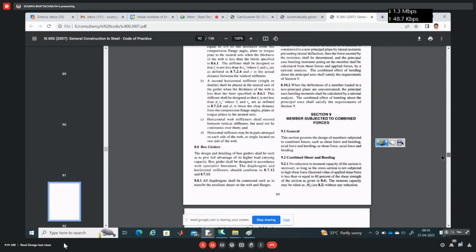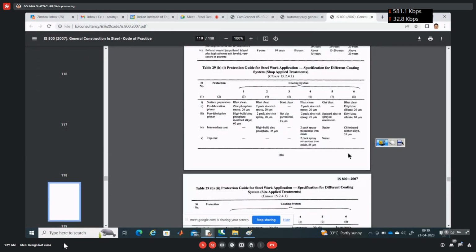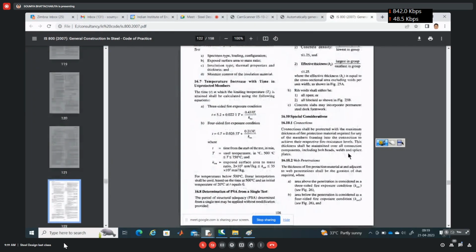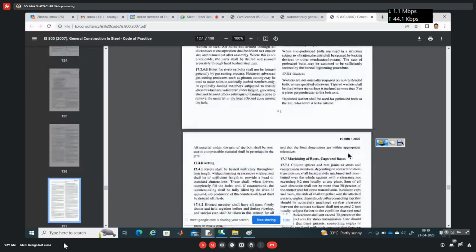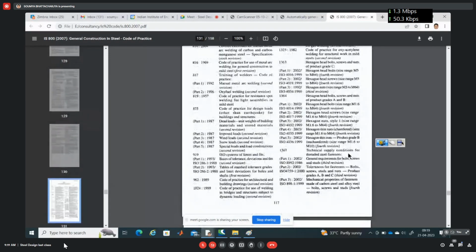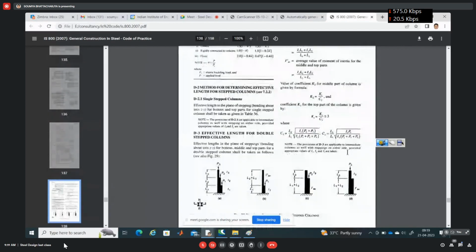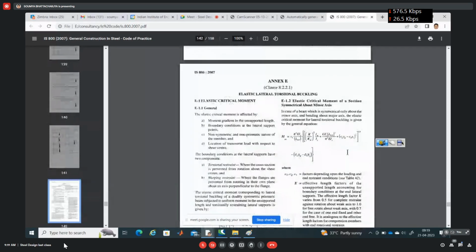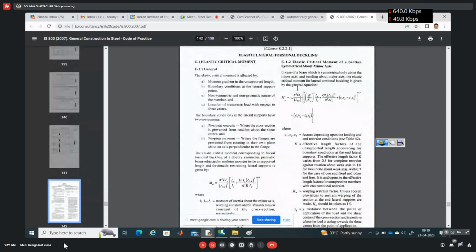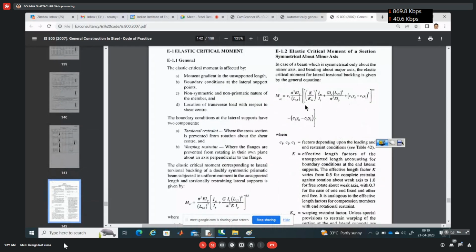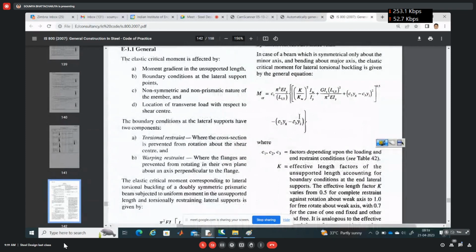If I go to Annex E, the moment capacity about x-axis, considering lateral torsional buckling, is mentioned there. So we have to use this equation, this E 1.2, for M critical.